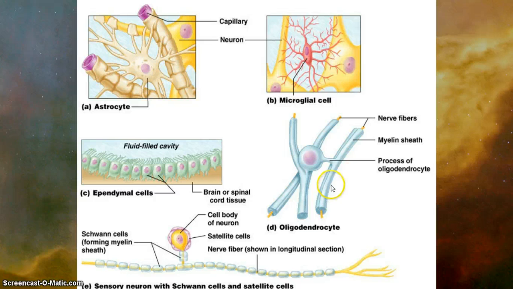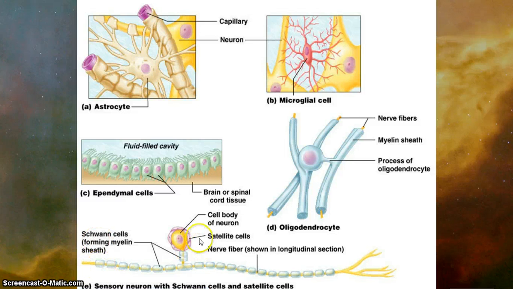And right here we have an oligodendrocyte, and these make myelin sheaths, and myelin sheaths insulate the cell and help with saltatory conduction, which we'll talk about. It's something important to the action potential. And here's the peripheral nervous system.